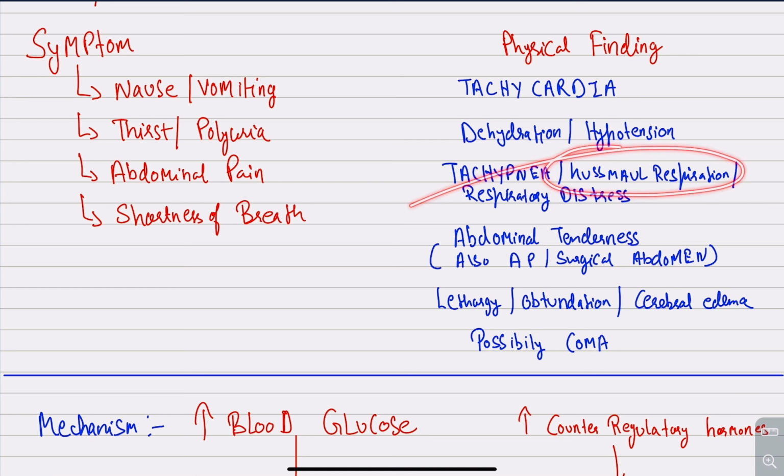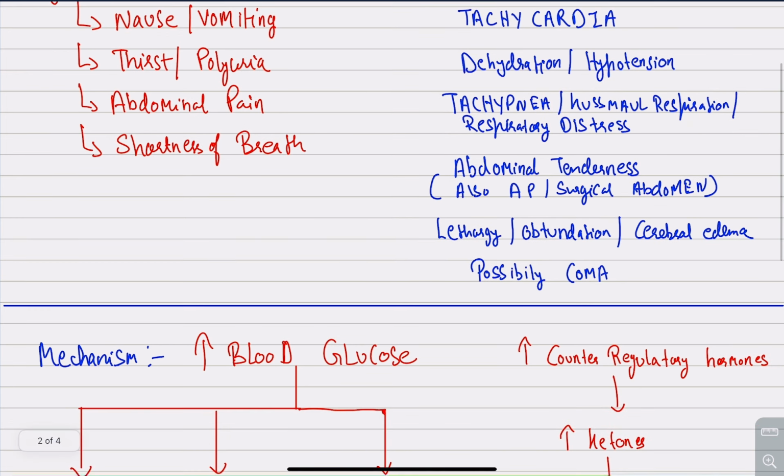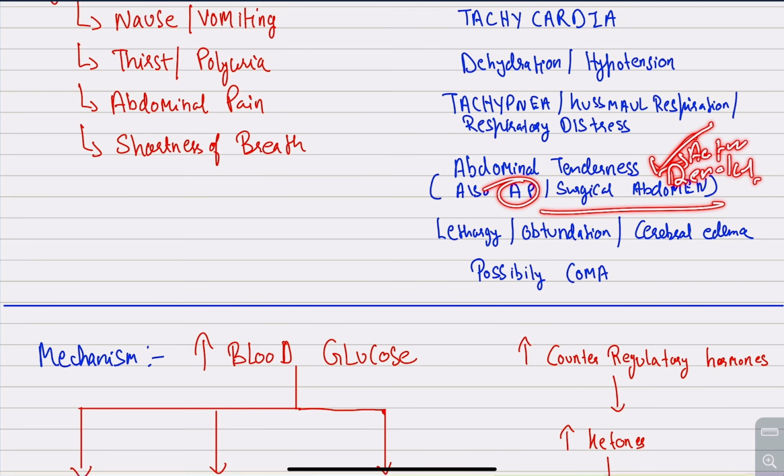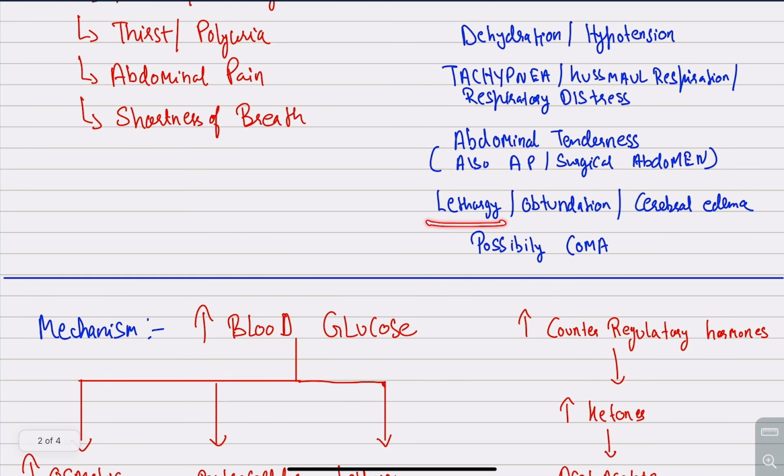The patient has a fruity odor coming out of the mouth and is in respiratory distress. When you palpate, the abdomen is tender, also seen in acute pancreatitis and surgical abdomen like acute appendicitis or renal colic. The patient will have lethargy, cerebral edema, or possibly coma.